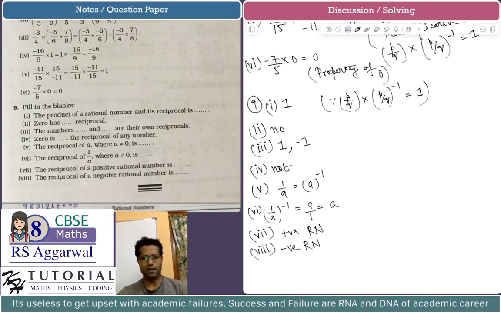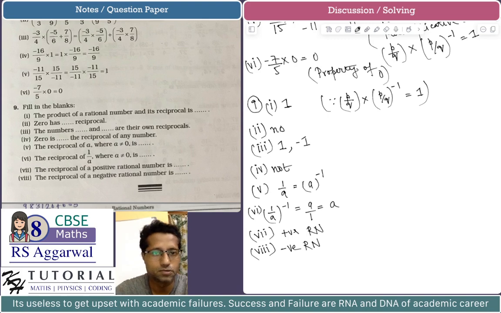It could also be in the fill in the blanks that the reciprocal of a positive rational number is greater than 0, and the reciprocal of a negative rational number is less than 0. A rational number less than 0 and a negative rational number are the same. Similarly, a positive rational number is the same as a rational number greater than 0.